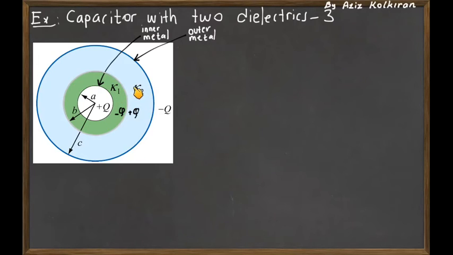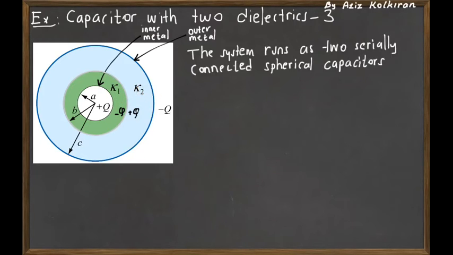Once we do this, we have two spherical capacitors which are serially connected to each other. So you apply the rule for finding the equivalent capacitance of two serially connected capacitors, and each is a spherical capacitor.